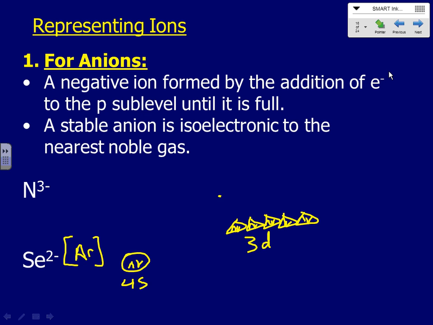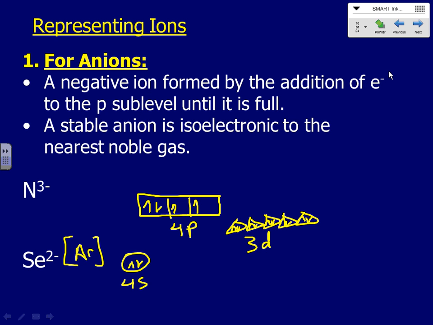And now, because I like to put the p in this position here, back to the 4p. If we look at selenium, it's in group 16. It has 4 in the p subshell. I'm going to have 4 of those. 1, 2, 3, 4.